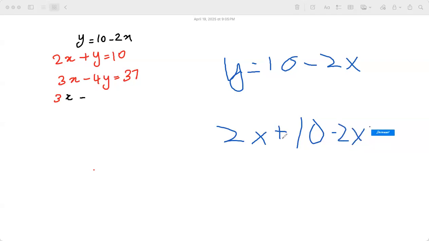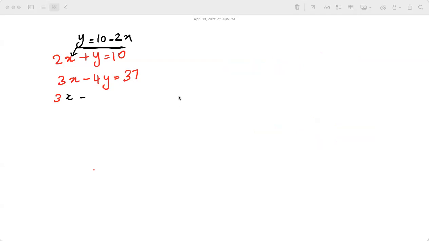Wait, Arman. What you're doing, you're using that to substitute it in the same equation. Will that ever work? See, if you can explain like this, it becomes so easy to identify the mistake. When you come up with y equal to 10 minus 2x from the first equation, you have to substitute it in the second equation, right? Okay. Make sense? Yeah.